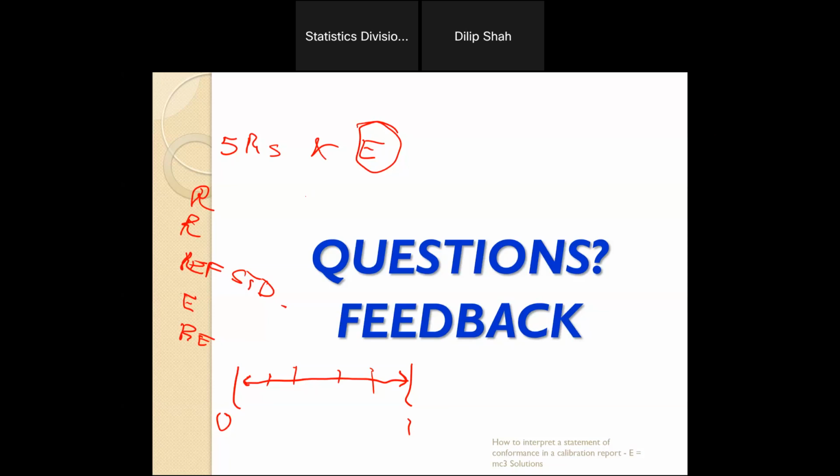Now, I mentioned that ILAC website in my presentation. There's an ILAC G24 document that addresses how you can determine calibration intervals. It's again a very nice document, very simple. There are other guidance documents that are more complex, but this one is done very well and gives you some very good examples.